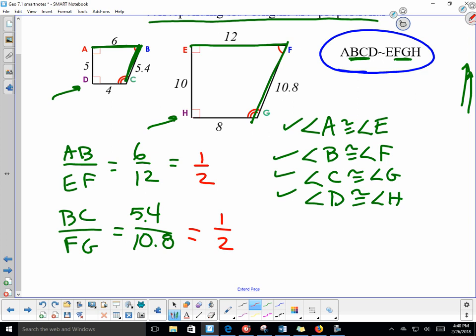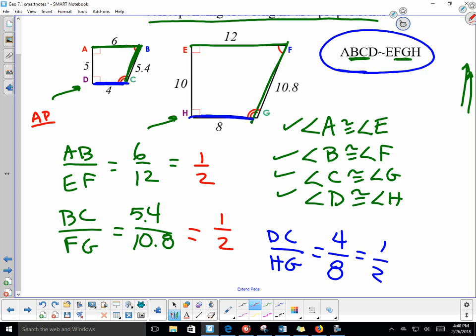And does that hold for the other sides as well? Here I have DC and HG. If I look at those ratios, DC is to HG, that is 4 is to 8. That also reduces to 1 to 2. And what about my last pair? That would be AD. AD should be proportional to EH.